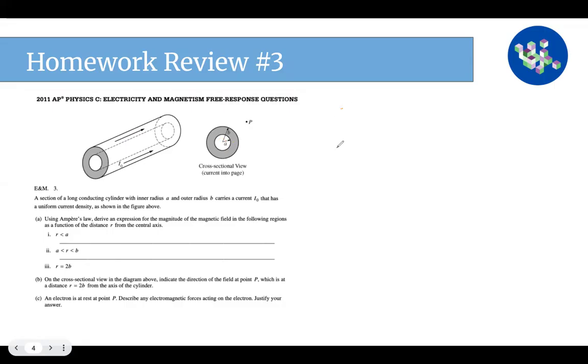Clear all drawings. Okay, so the integral of B dot dl will equal mu zero times the enclosed current. But because I'm looking at small r less than A, there's zero enclosed current. So this would equal zero.